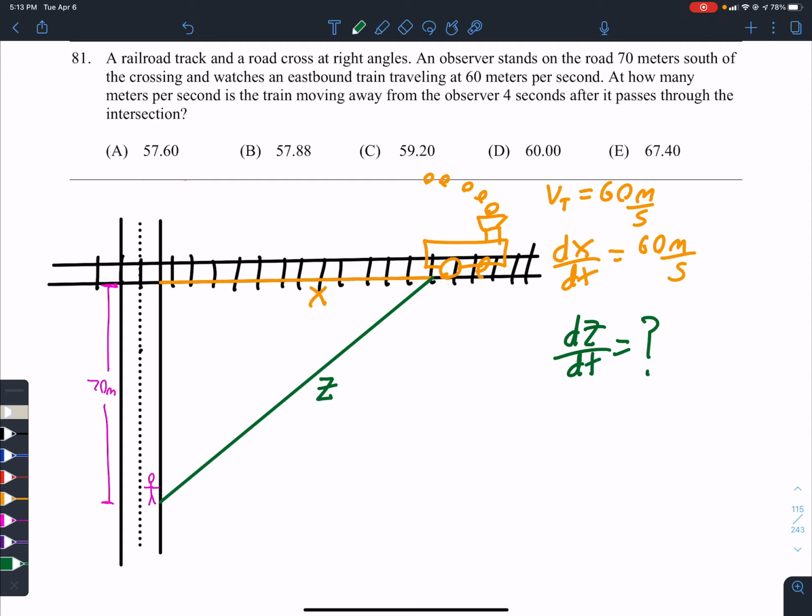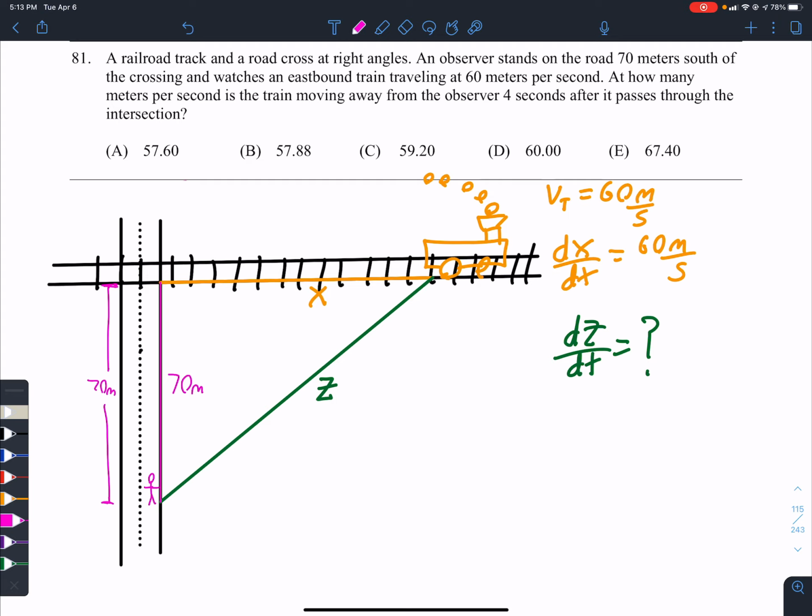The other one I want to label here is this one. Now, you should hopefully realize that that distance is constant. That's always 70 meters. It doesn't change. So I'm not going to put a variable there because it's not a variable.